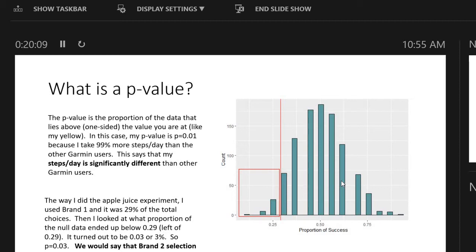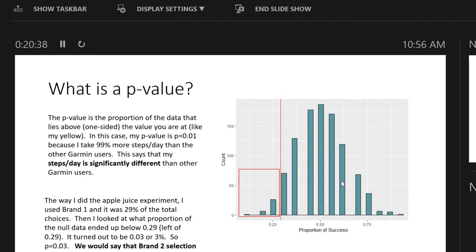So I look at this chunk of data right here, it's a one-sided test, and this percentage of data turns out to be 3% of the class below this line. So that's significant. A significant amount preferred brand 2 to brand 1. So I can detect a signal in preferences. It's not due just to random chance. Make sense?